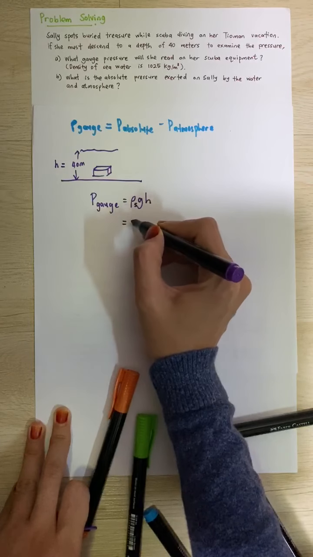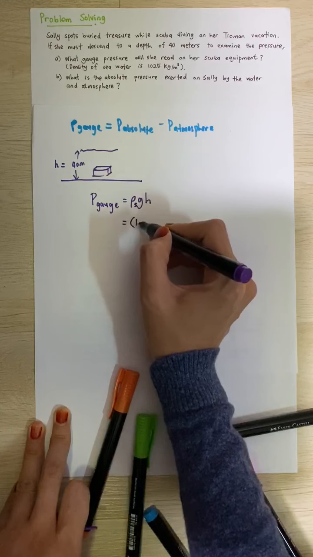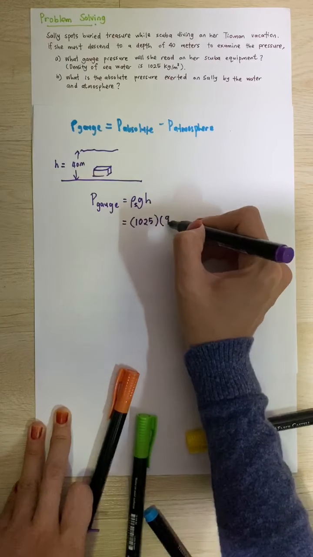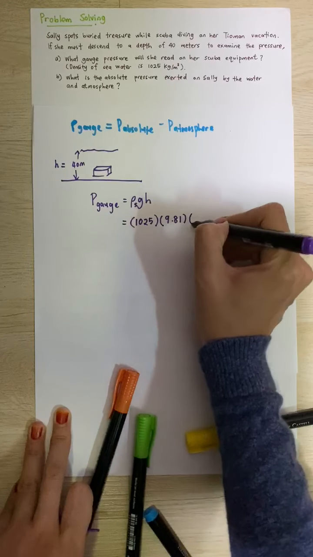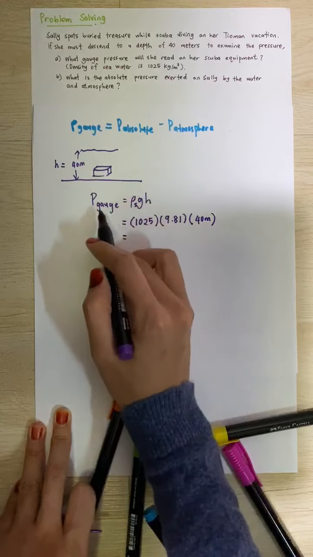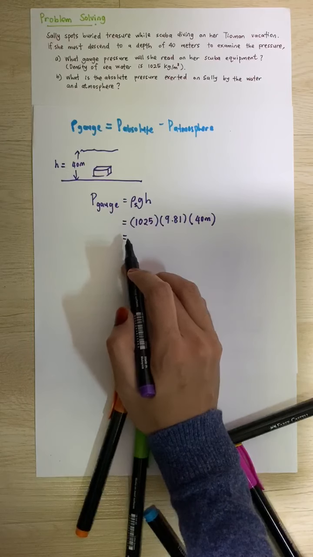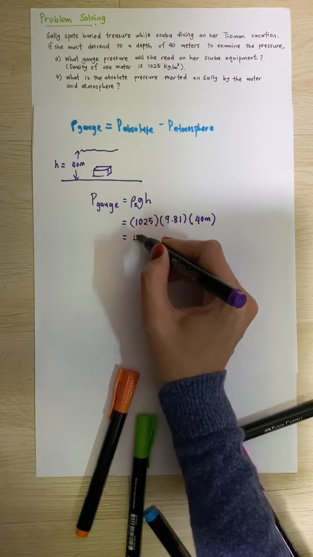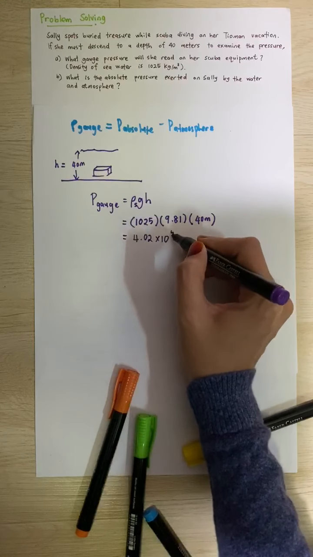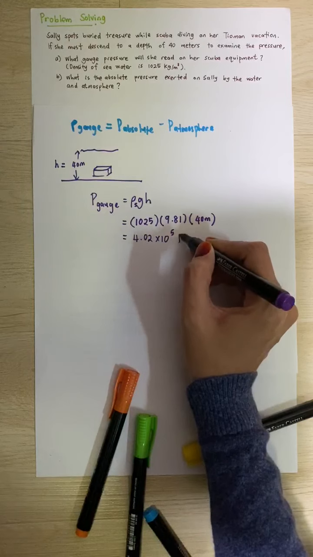So we substitute the value of seawater density, 1025. The g is 9.81 and the height is 40 meters. So for the gauge pressure, we find the answer is 4.02 times 10 to the power of 5 Pascal.